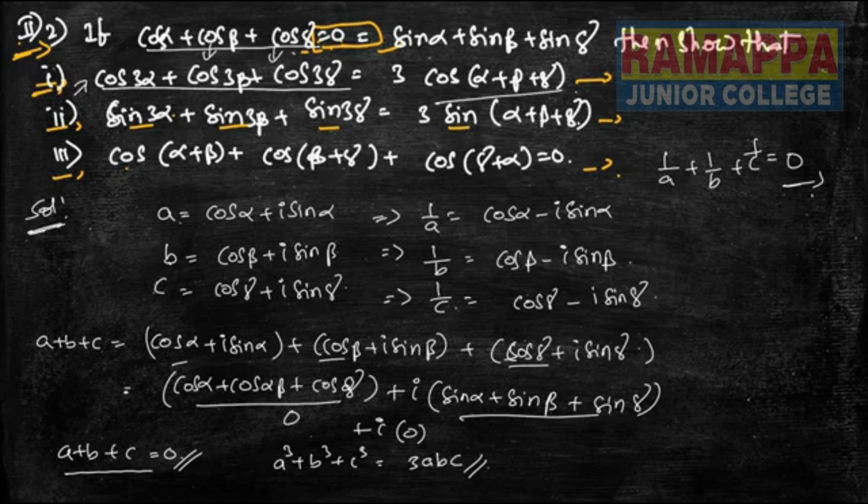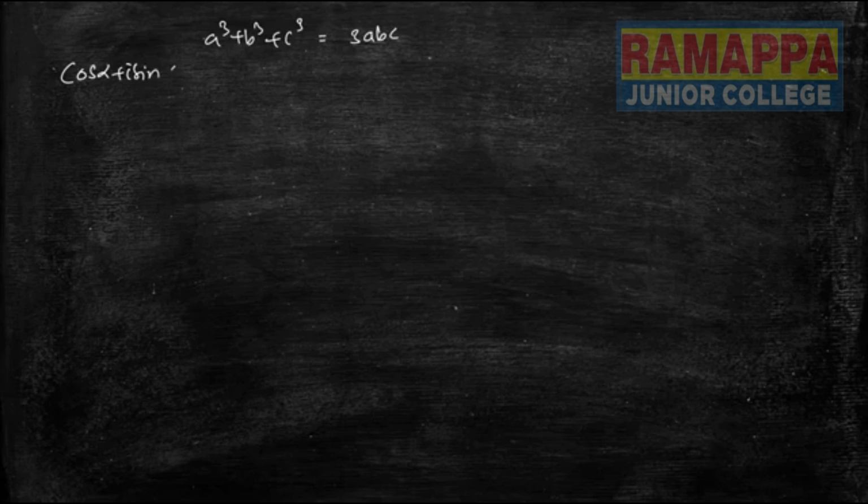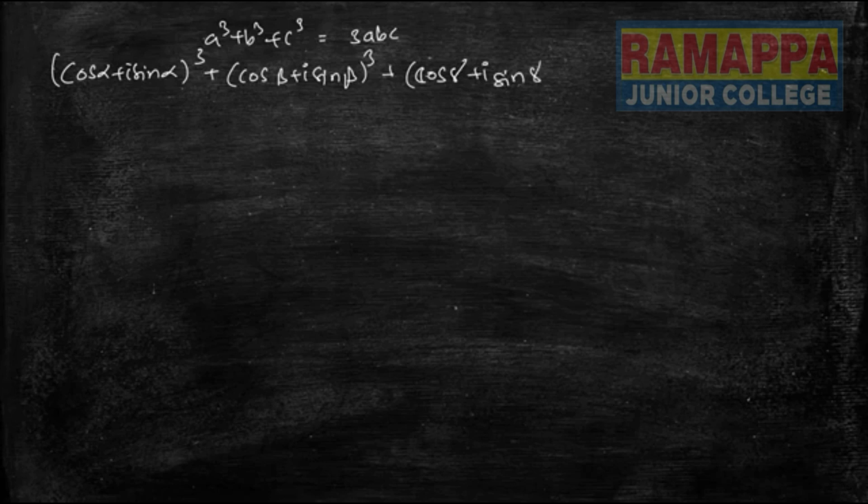Now here I will do a cube plus b cube plus c cube is equal to 3abc. So a is equal to what? Cos alpha plus i sin alpha whole cube, plus b, which is cos beta plus i sin beta whole power of 3, plus cos gamma plus i sin gamma whole cube, is equal to 3 into a b c.